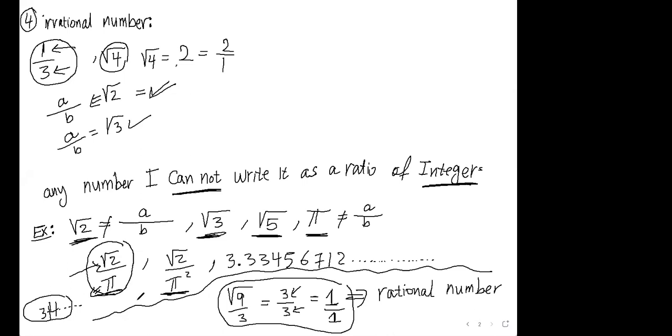So all these sets, rational, irrational, integer, and natural numbers, all of them make up the real numbers. Any number from these sets is a real number.